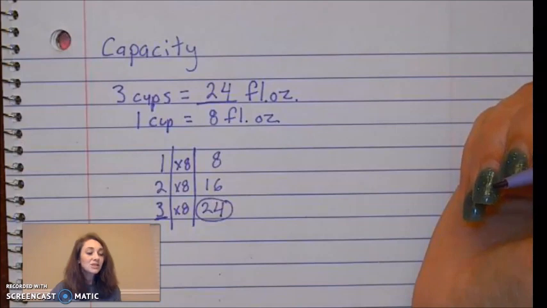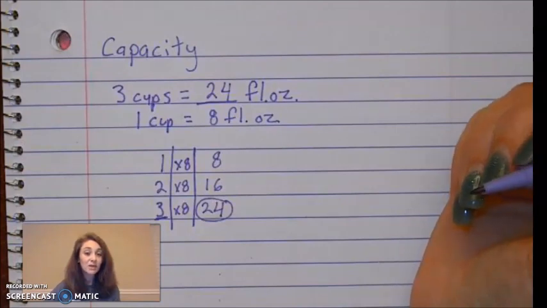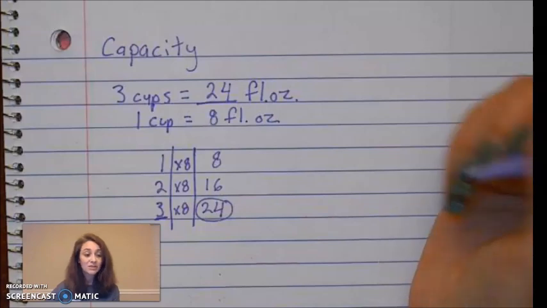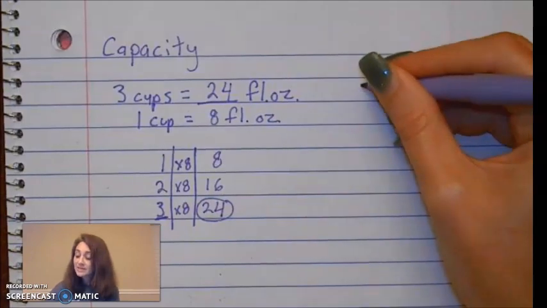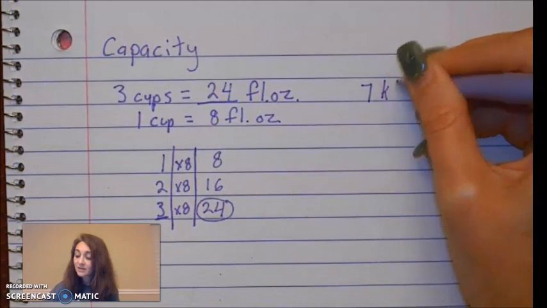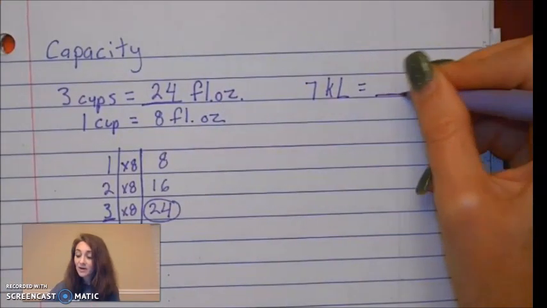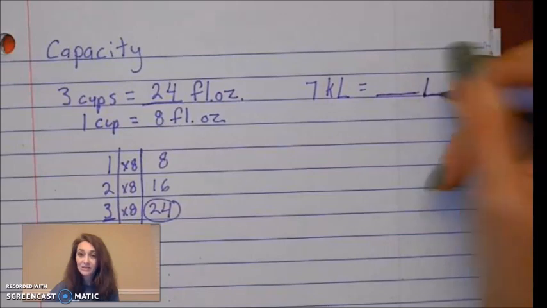Okay, let's do the metric system. We'll go from a big to a small in the metric system. We'll do 7 kiloliters, and we want to know how many liters that is.